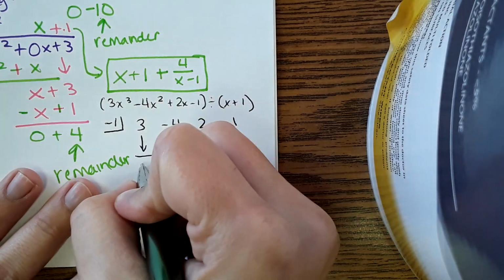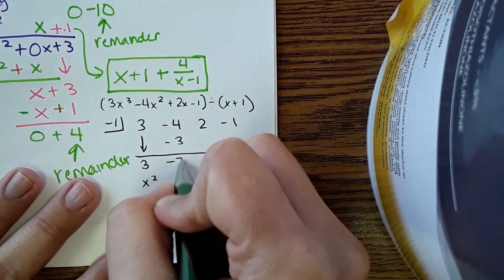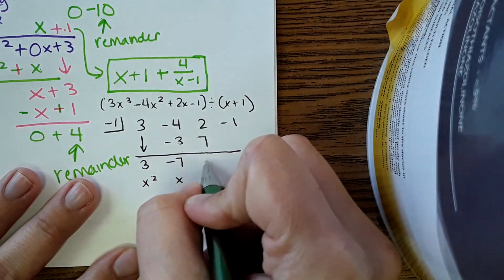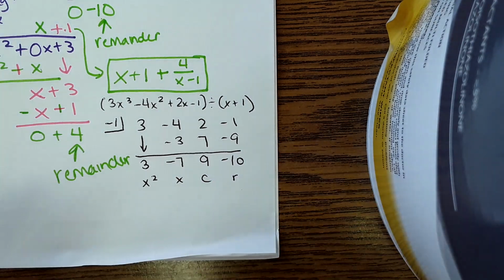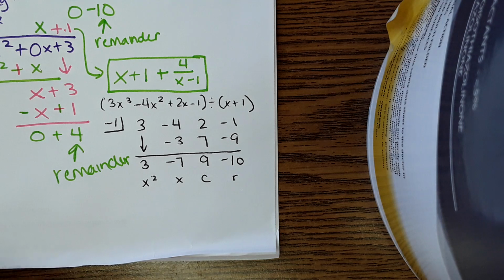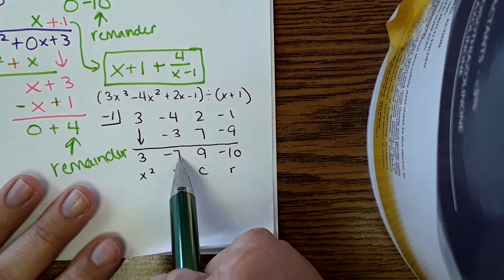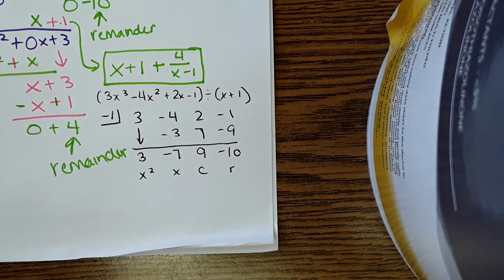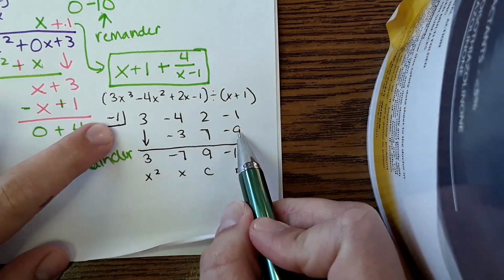Bring down this 3. 3 times negative 1 is negative 3. This 7? Yeah. Negative 1 times negative 7 was positive 7. Added them to get the 9. 9 times negative 1, negative 9.